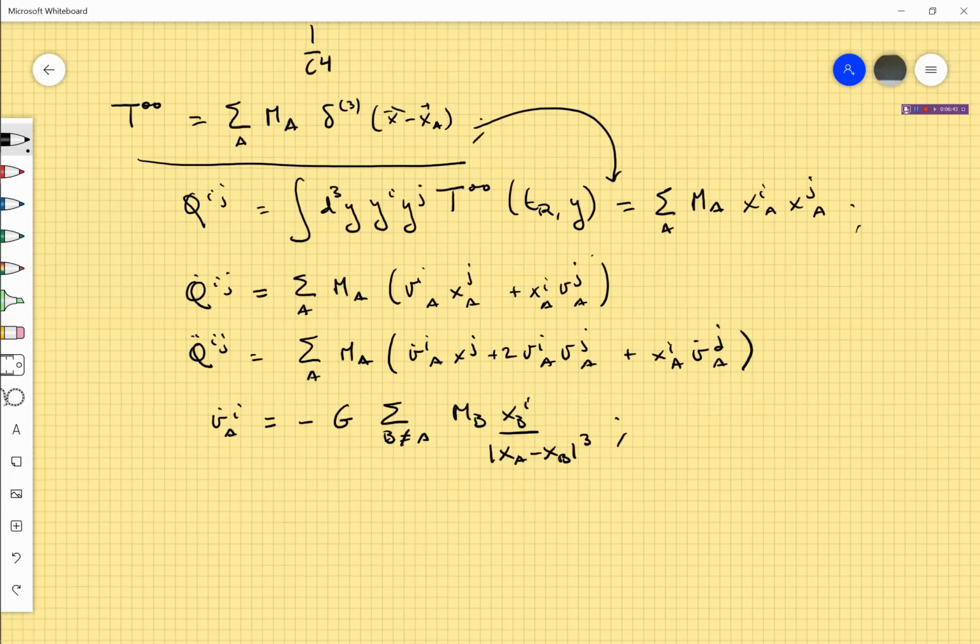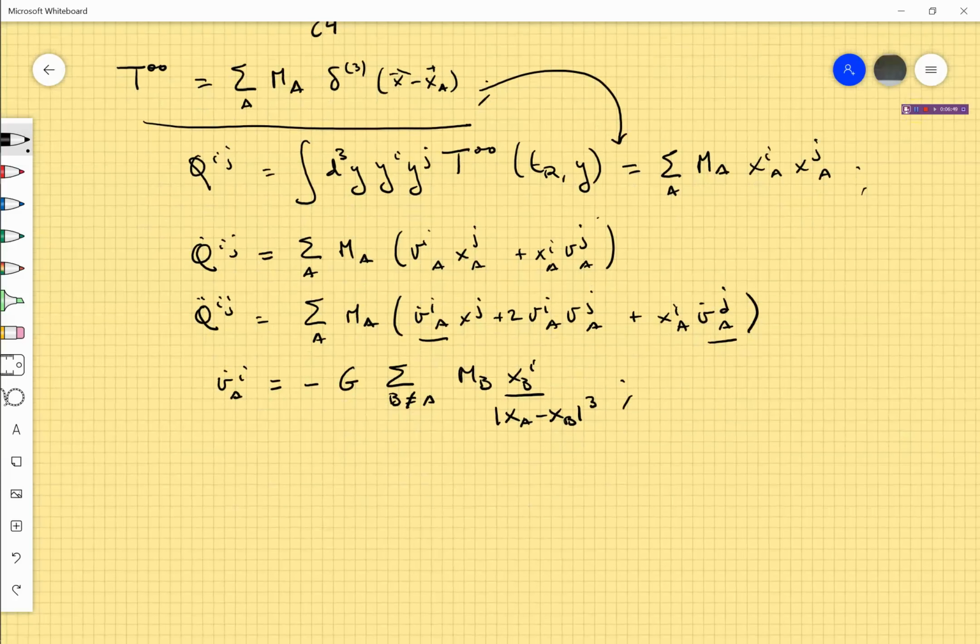So we just have to plug this in here and here, and we get this expression, which is an approximate expression, but good enough for our purposes.